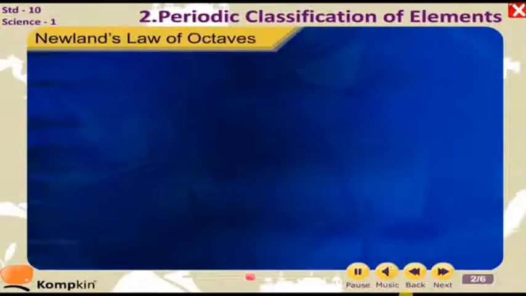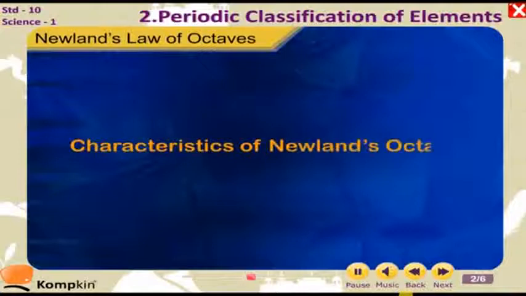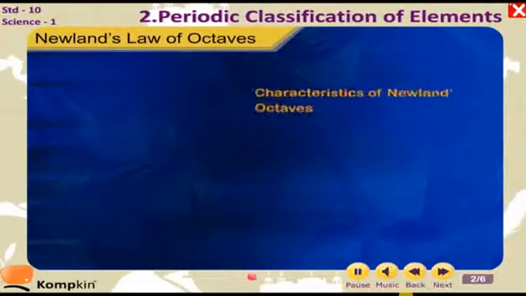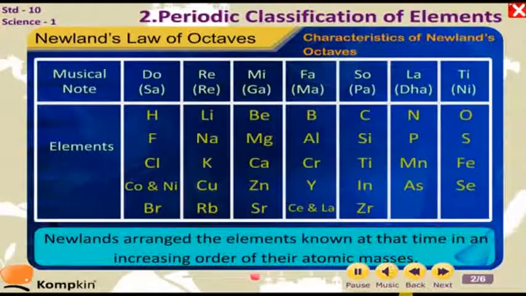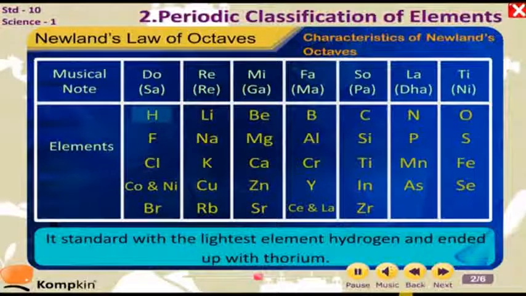Newlands' law of octaves. Characteristics of Newlands' octaves. The English scientist John Newlands correlated the atomic masses of elements to their properties. Newlands arranged the elements known at that time in increasing order of their atomic masses. It started with the lightest element, hydrogen, and ended with thorium.